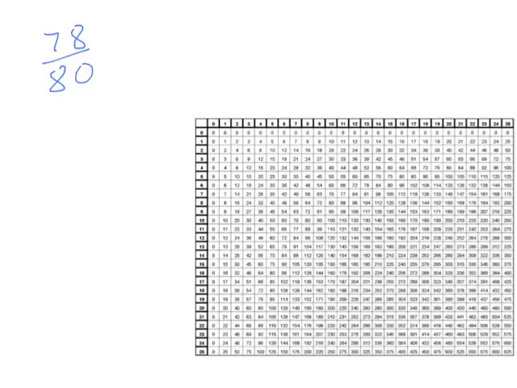So when I try and do that, I can see that there's a number 78 over here. There's also a number 78 over here. Now, these actually mean the same thing. For example, 6 times 13 is 78.